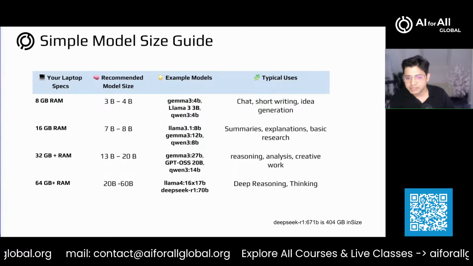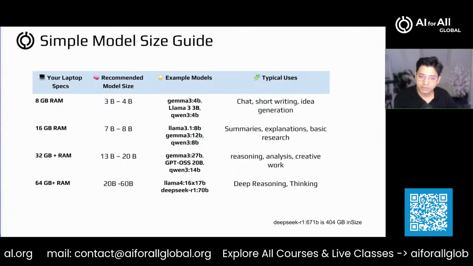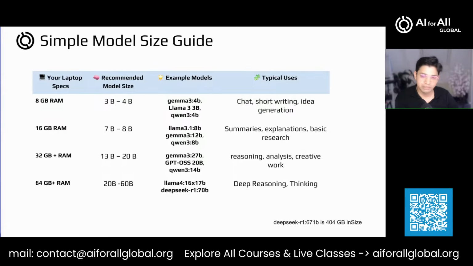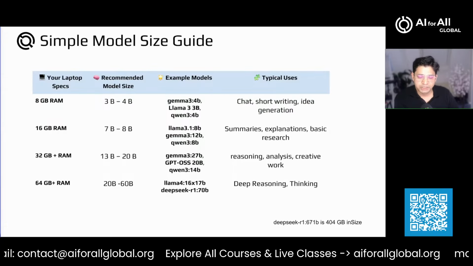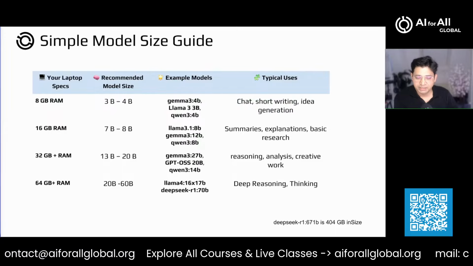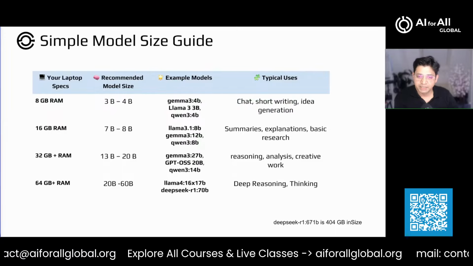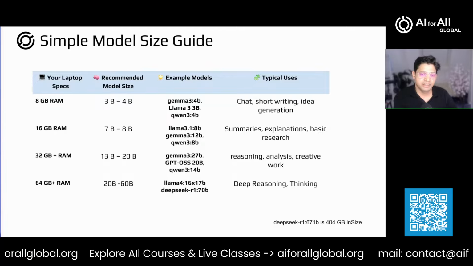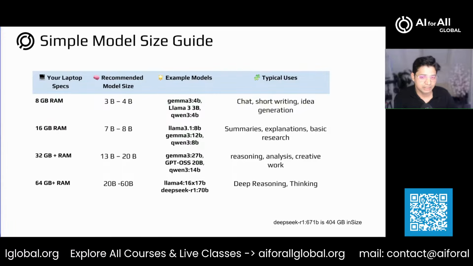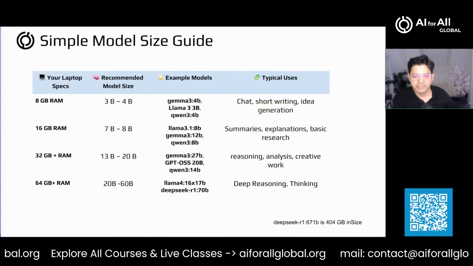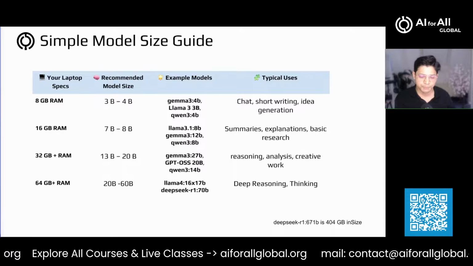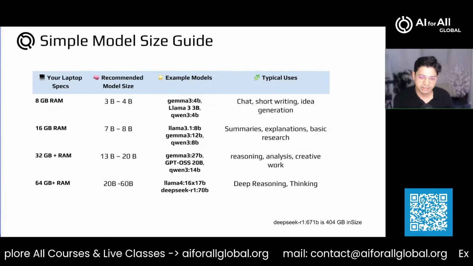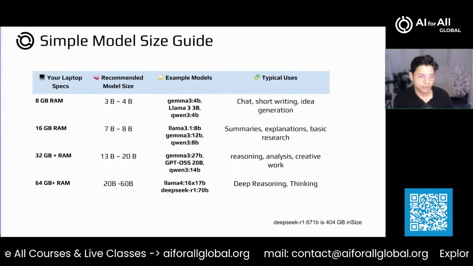Similarly, GPT OSS, the ChatGPT open source model, then Qwen 3 from Alibaba. These models are very rich, and don't take them as small. They are literally larger models. Any model bigger than 20 billion parameters is conceptually considered a large model, not small anymore.